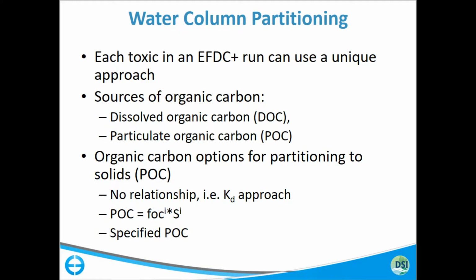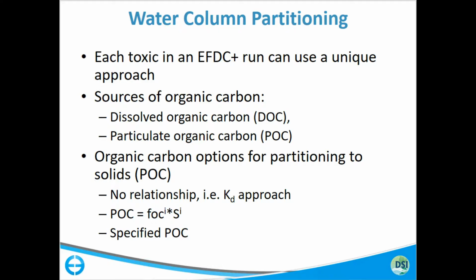I think this probably is the most general and useful approach most of the time, because you've already got a sediment transport model, and you got it kind of nailed down when you get to the toxics.